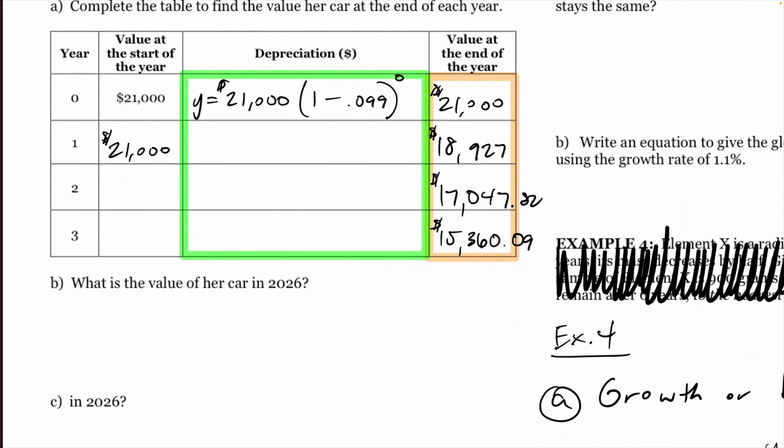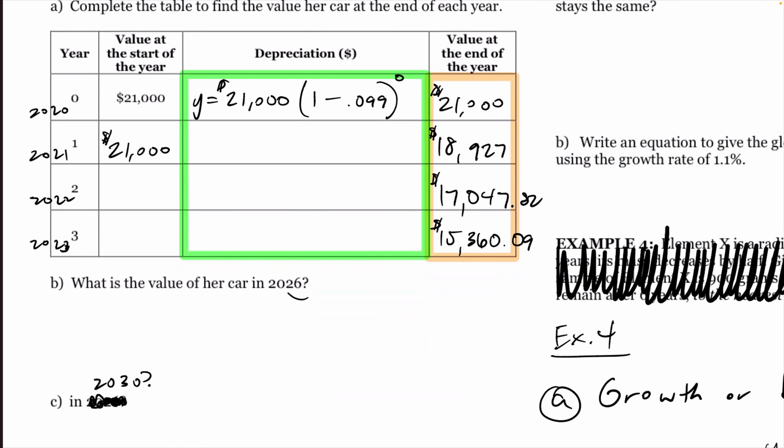What would her car be worth in 2026? Well, what year would 2026 be? 6, because 2020 is 0, 2021, 2022, 2023.